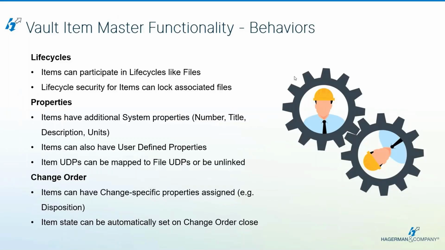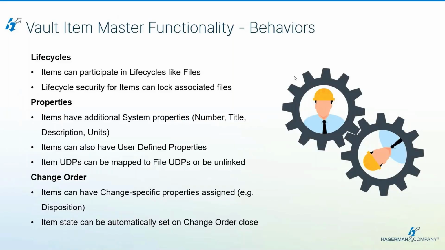And in fact, items have been around in Vault Professional for many years, at least 15 as far as I know, maybe even longer. Before file life cycles even existed in Vault, items were there and they had life cycles, and that's how you might control access to files way back in, say, Product Stream, if any of you have been using Vault for a really long time.